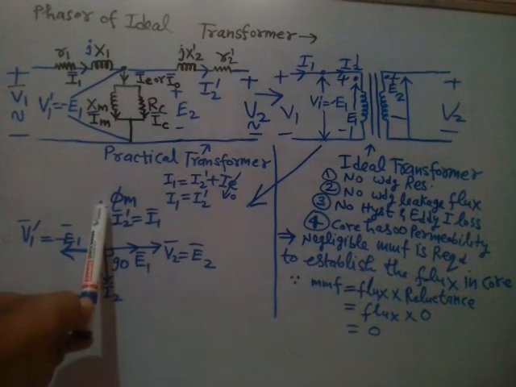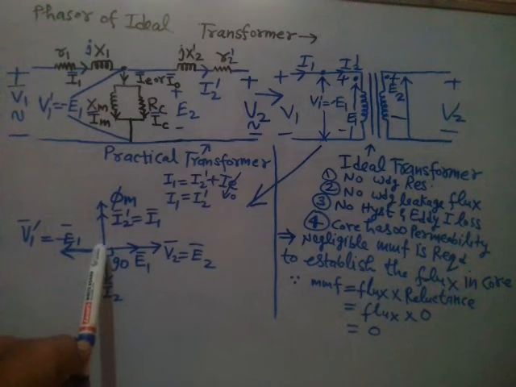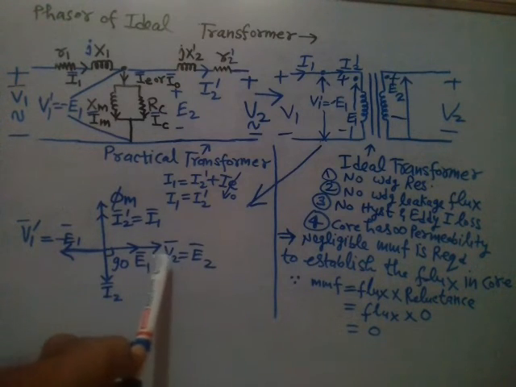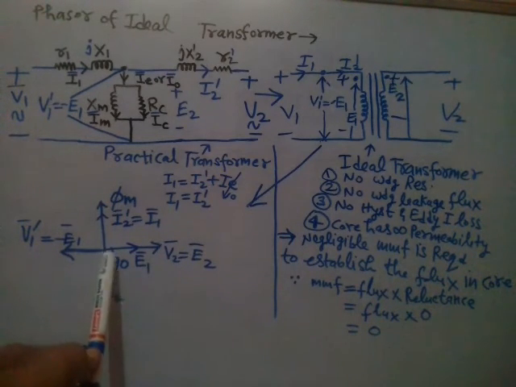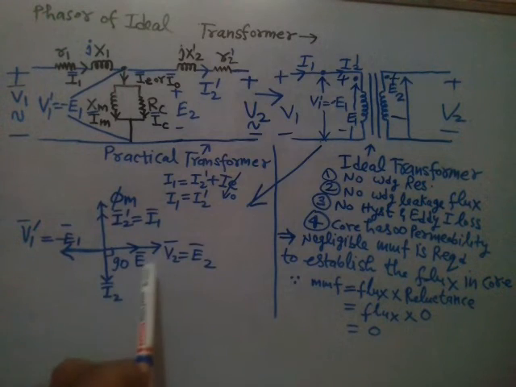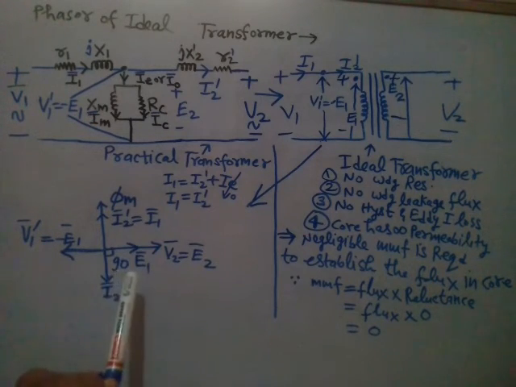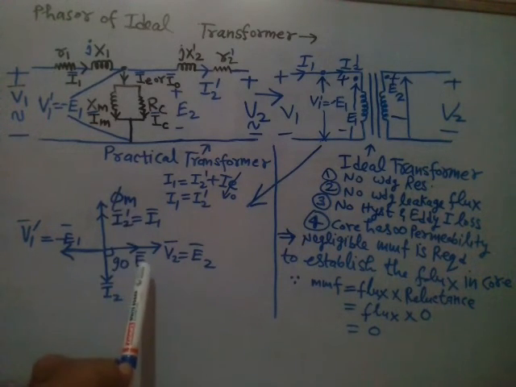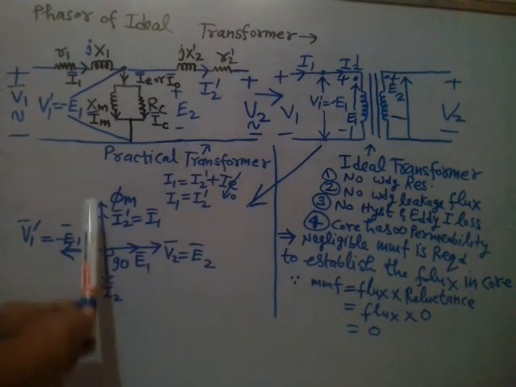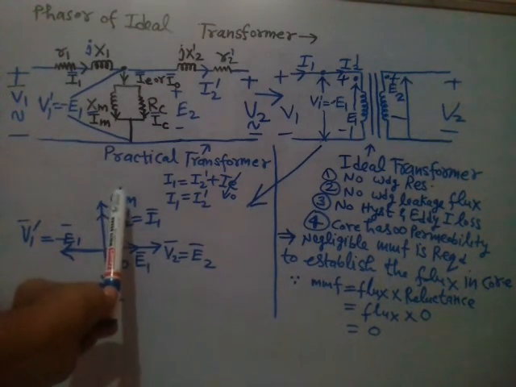Phi m is the mutual flux in the core, which will lead the induced EMF by 90 degree, or you can say EMF will lag this mutual flux by 90 degree, because d phi by dt is the induced EMF. First you will get the flux, then you will get the induced EMF. So induced EMF is lagging flux by 90 degree. That is step number 5.